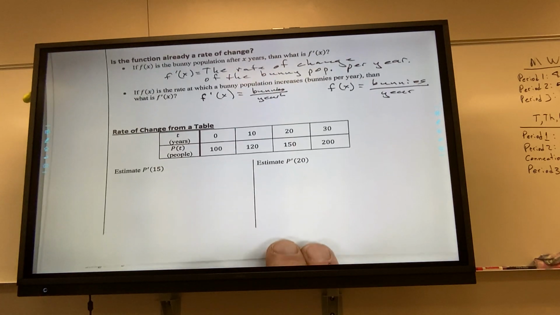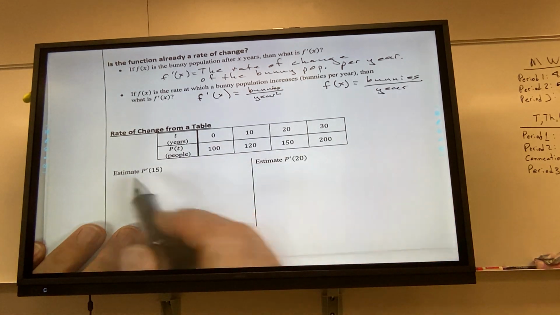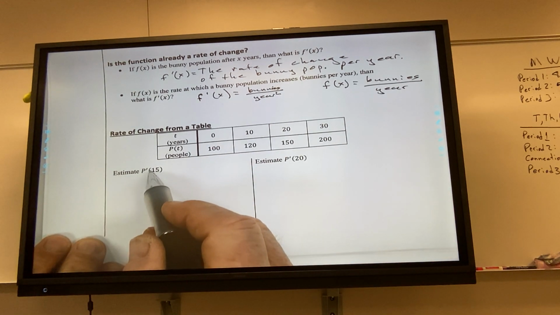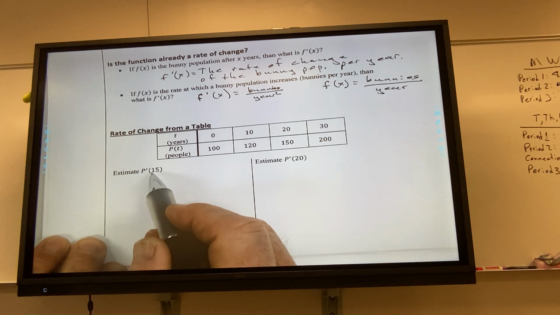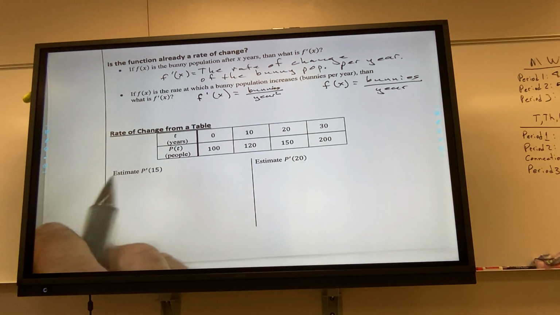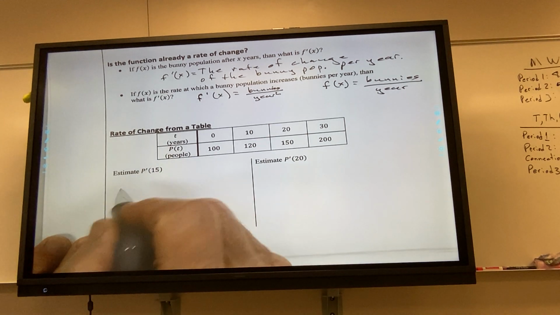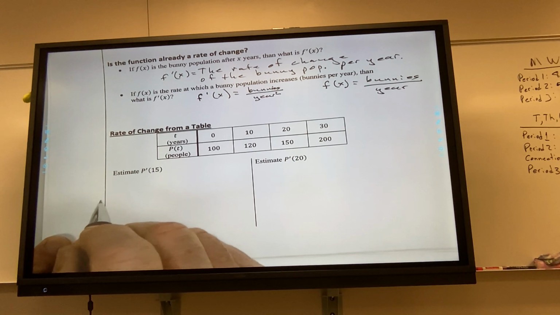So, this is kind of a little review. Here we have number of people after so many years. I want to know P prime of 15. How would you do that? Notice there's no 15 up there, is there? Would you take 150 minus 120 over 20 minus 10? You would do that exactly.